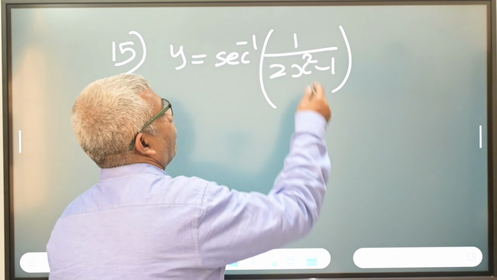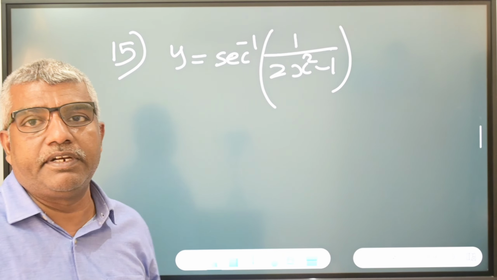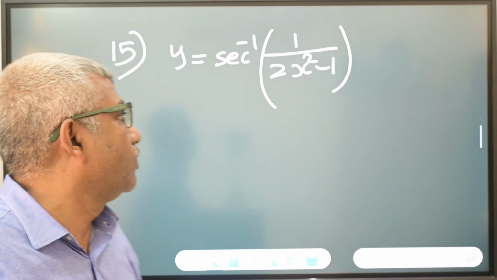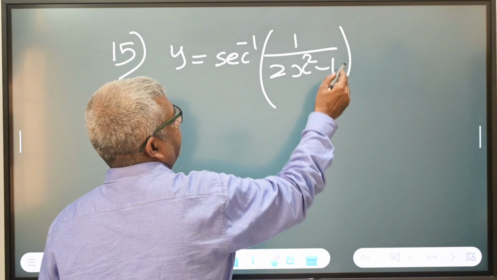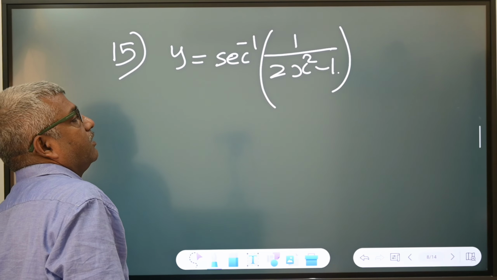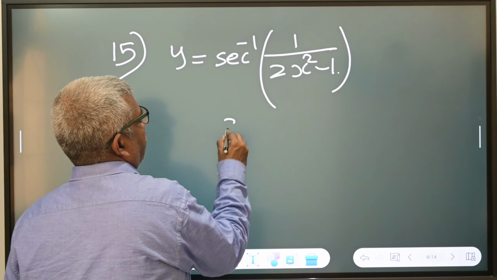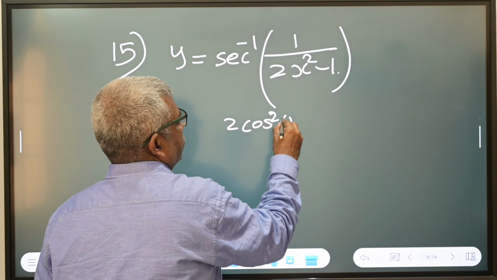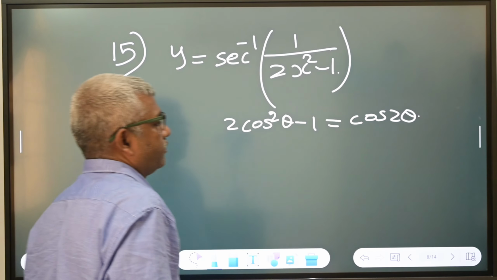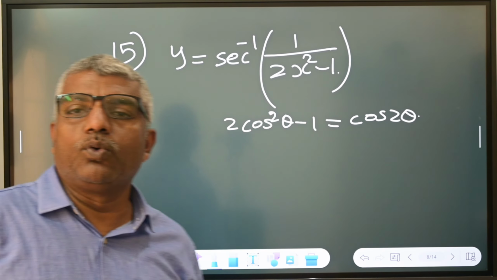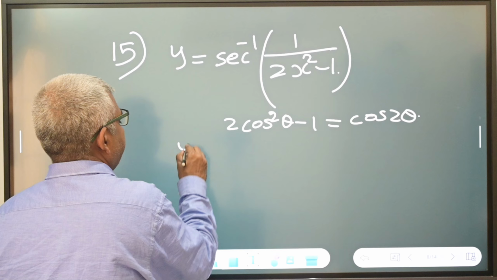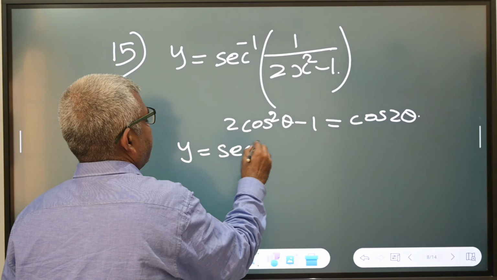But 1 over 2x squared minus 1 means 1 over cos theta is secant theta. So 2x squared minus 1 is cos theta has to come. Then what is the formula? 2 cos square theta minus 1 is cos 2 theta.